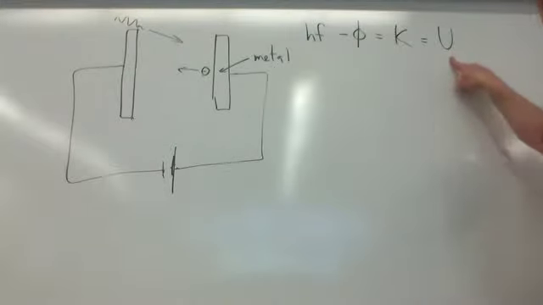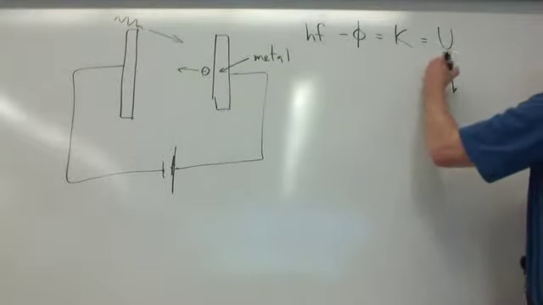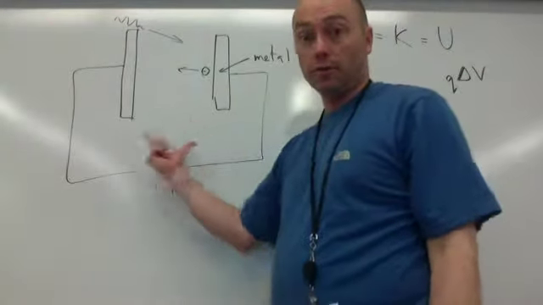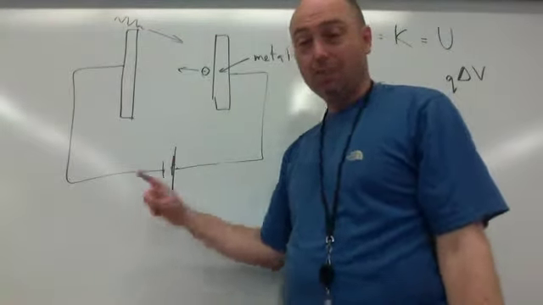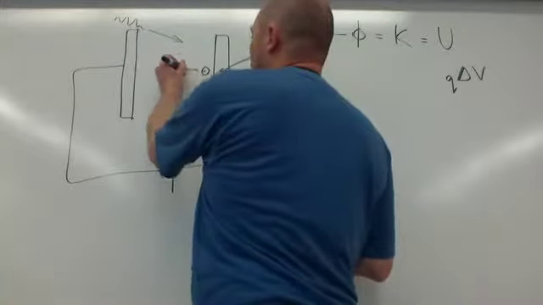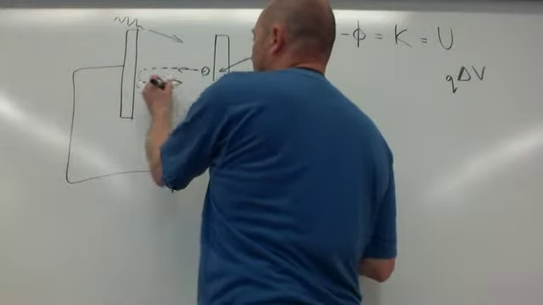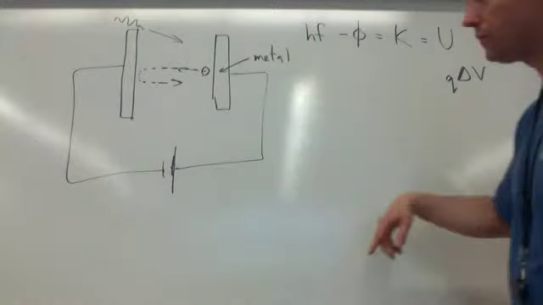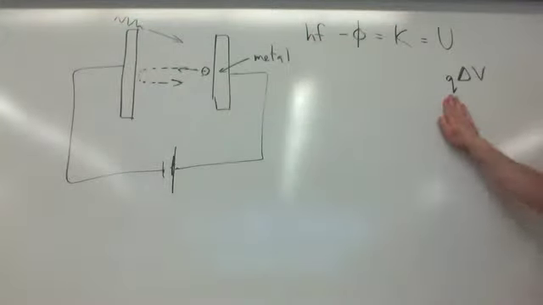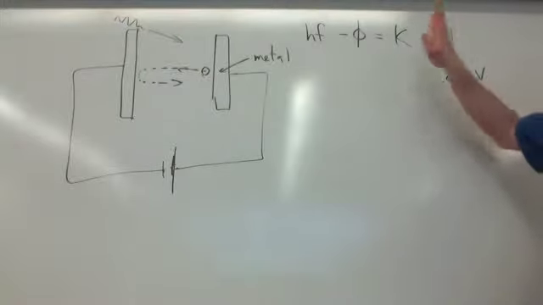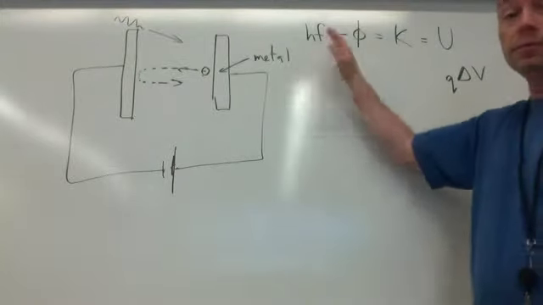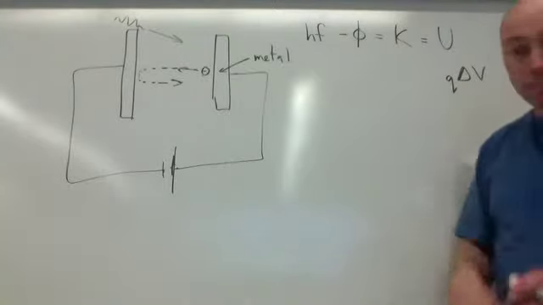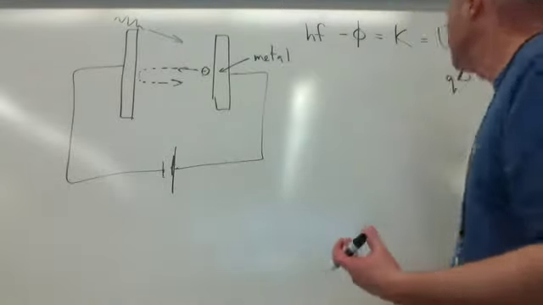The potential energy is going to be Q times delta V. You could adjust the voltage, and if this thing goes all the way and then comes back, and you know the change in voltage for that electron, and you know the charge of an electron, you could solve for this, and then if you knew this, you could solve for this, all kinds of other stuff. But that's the basic, a little bit more with the energy.